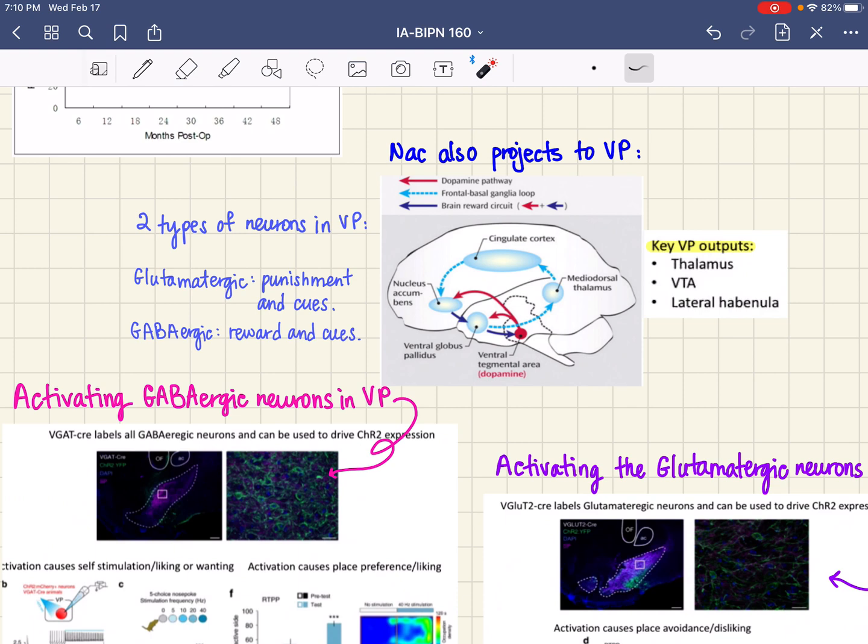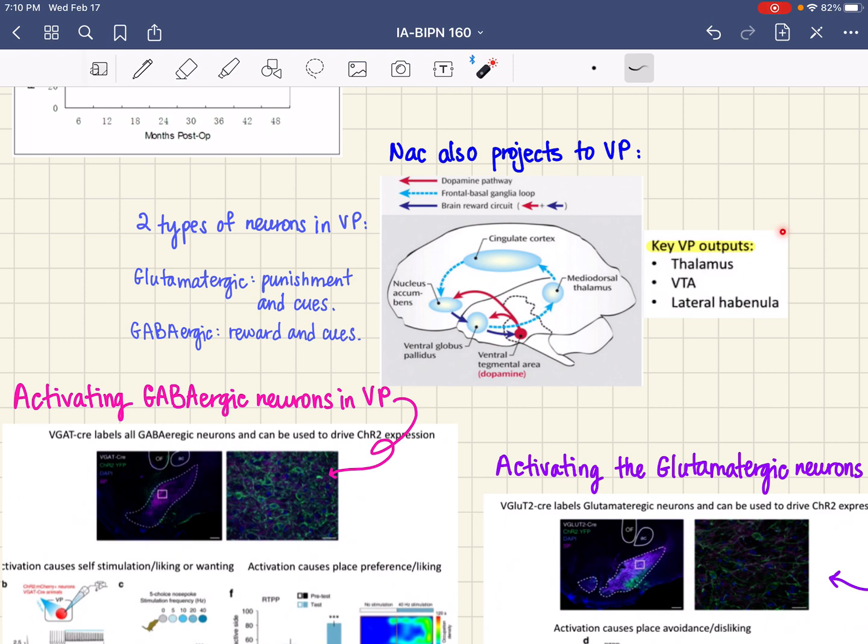It is found that the neurons in the VP that are glutamatergic, meaning they release glutamate, respond to either punishment itself or punishment cues, meaning that there's a cue that signals that they are going to have punishment soon. And then the GABAergic neurons, which release GABA, respond to reward or reward cues.